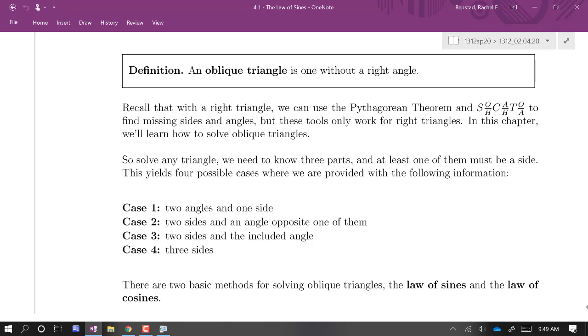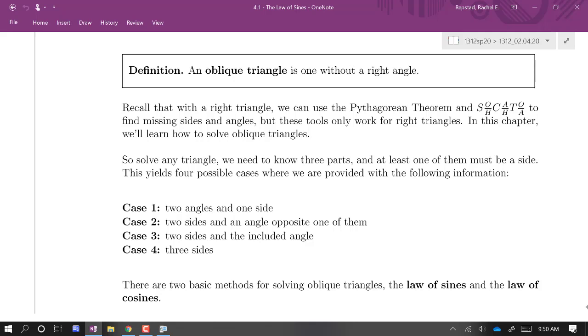Or we might just know all three sides. In all cases, we need three pieces of information, at least one of which has to be a side. That's because if I just know all three angles, there are infinitely many triangles you can have. Just blow it up or shrink it down. The angles will be the same, the sides will be in proportion, but that doesn't uniquely define a triangle.